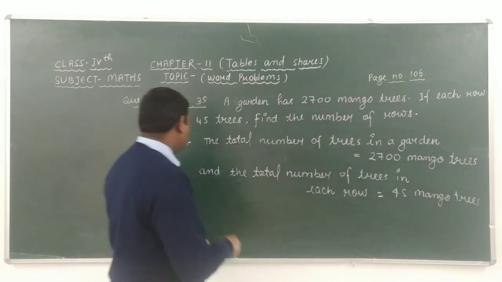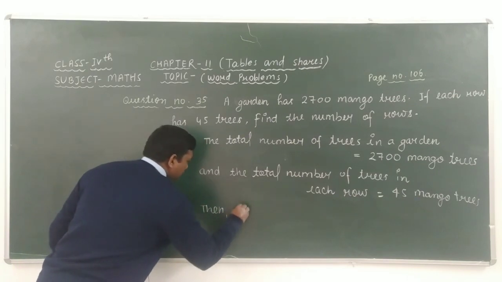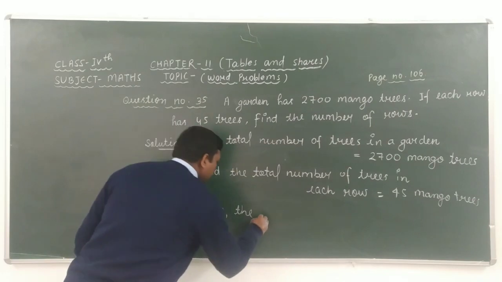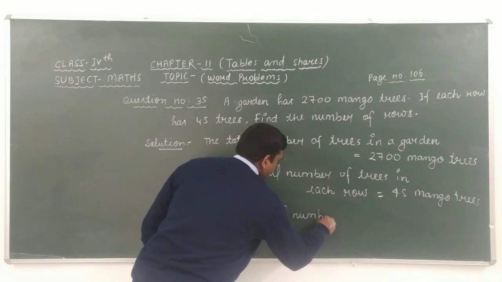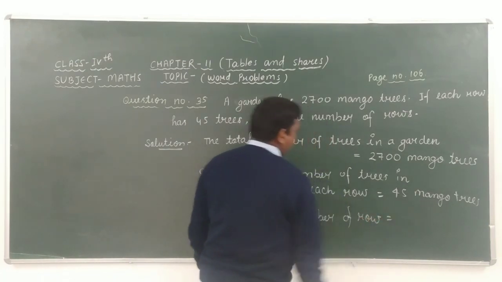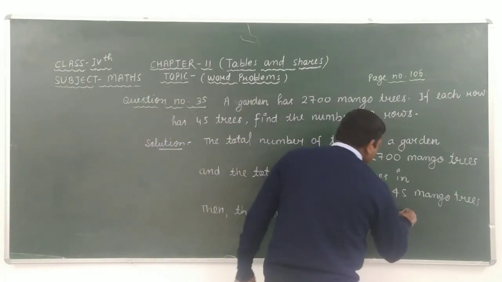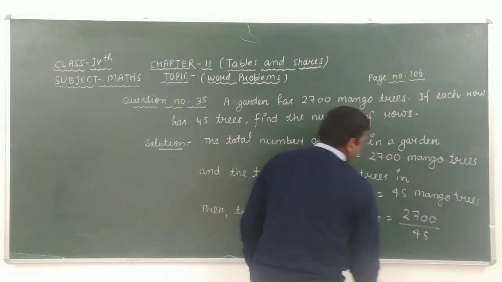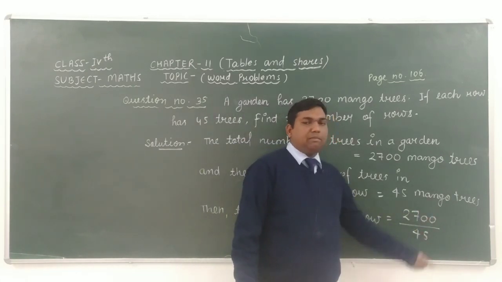Okay, then the total number of rows is equal to, dear friends, in this question we have to take the division of 2700 by 45. Okay friends, it means 2700 trees by 45 mango trees.